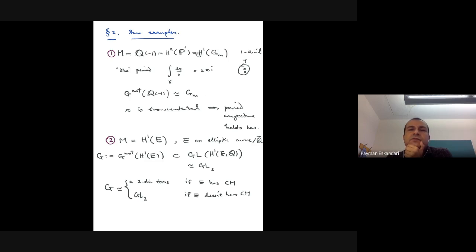So this is one-dimensional, and remember this is going to be a subgroup of GL of the Betti realization. So it'll be a subgroup of G_m, but in fact in this case it's easy to see it's equal to G_m. Now Grothendieck's period conjecture predicts that 2 pi i, or pi, has to be transcendental, which we know is true. So in this case, the period conjecture is known. Another example, let's look at H1 of an elliptic curve over Q bar.